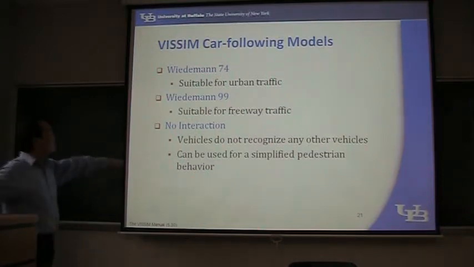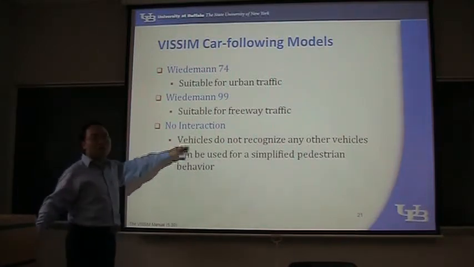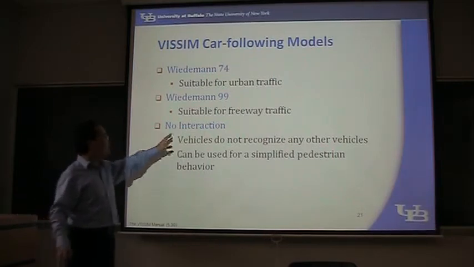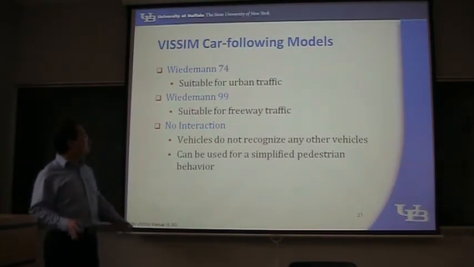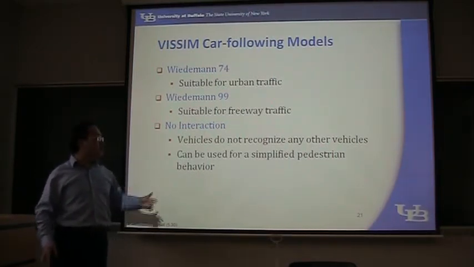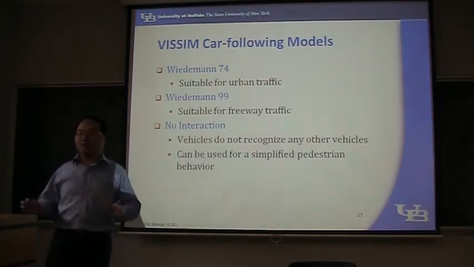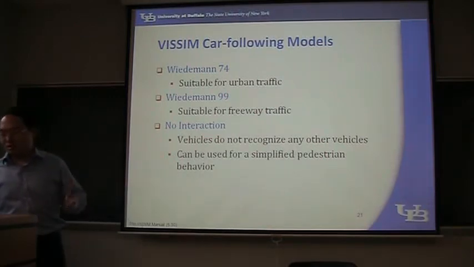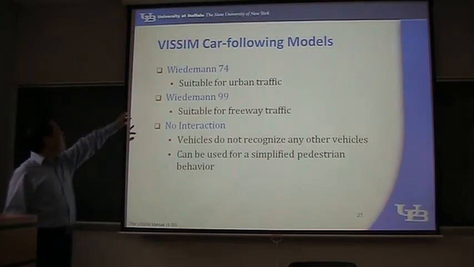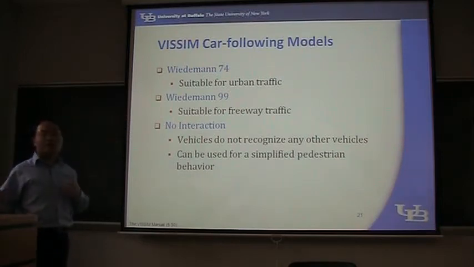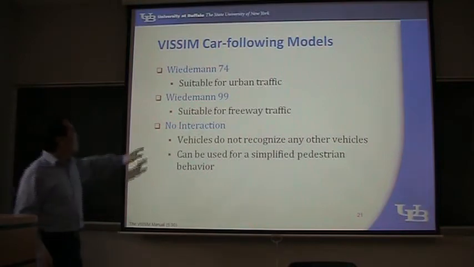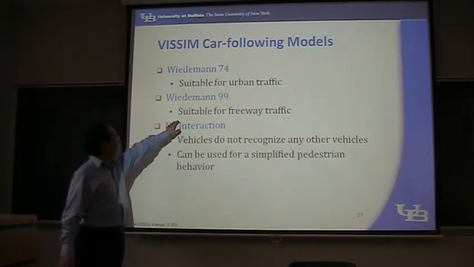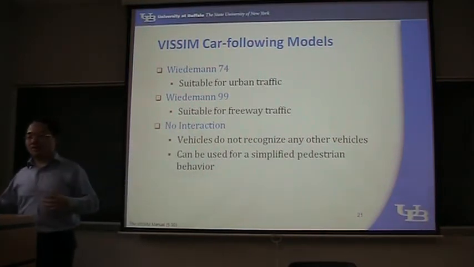Using this option, we have no car following model, so it can be used for simplified pedestrian simulation. The 74 model is suitable for urban traffic, like merging and crossing. The 99 model is suitable for freeway traffic.